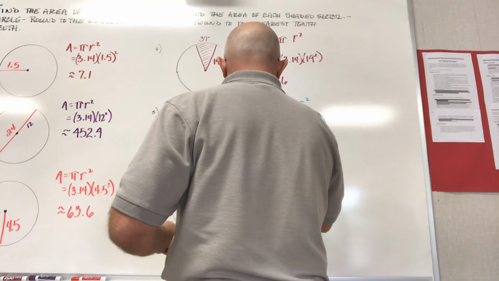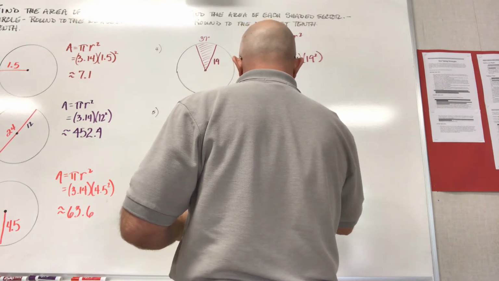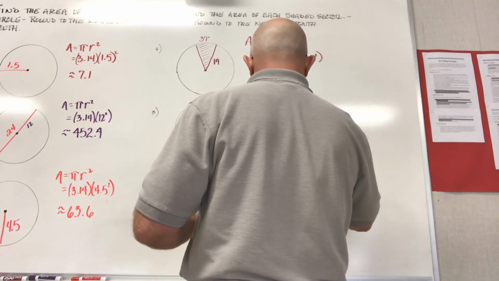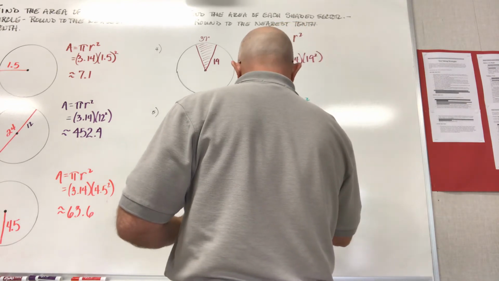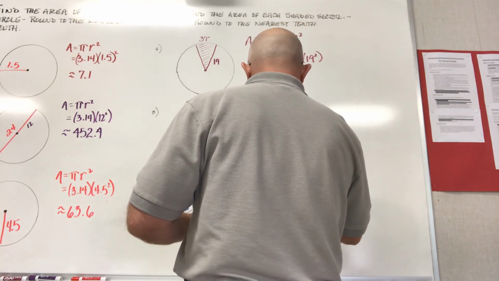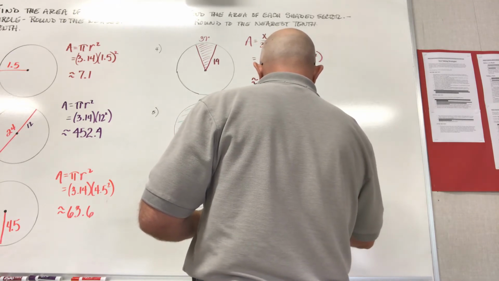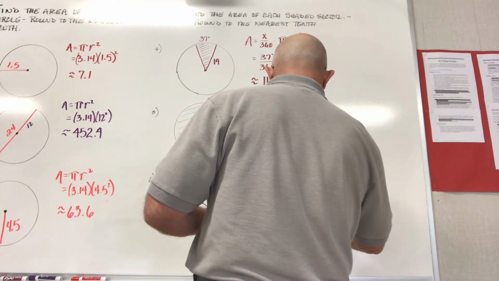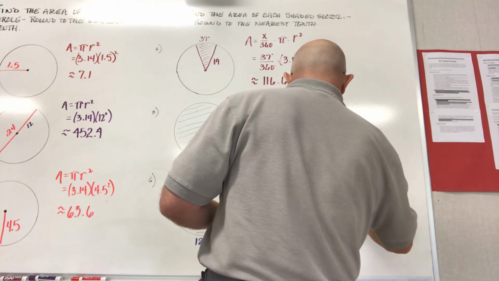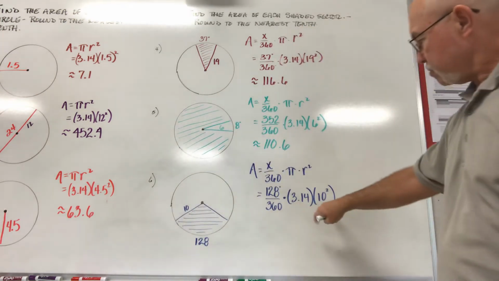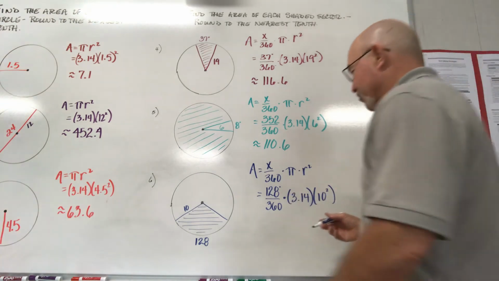And the pen is stuck. 10 squared is 100. That just moves that over 2 places, and then you multiply and divide.